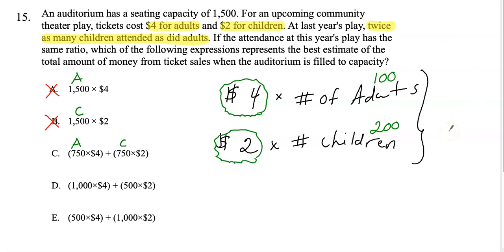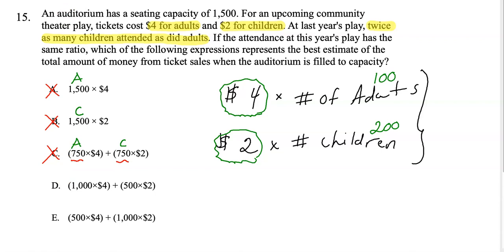Hopefully you can see that it's not, because in this situation, the number of adults and the number of children are the same. It was 750 adults, 750 children. If you add that up, you get a total of 1,500 people that attended, and that's the maximum capacity. But it says here, twice as many children attended as adults. So C is gone.